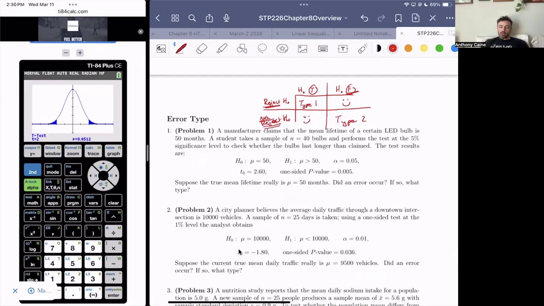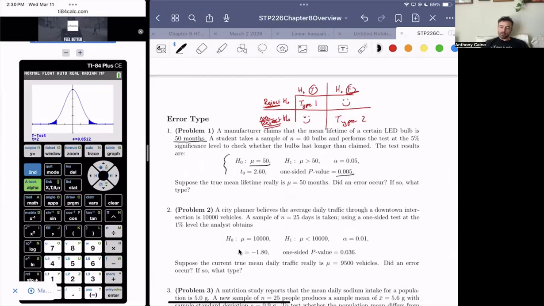Okay, so a manufacturer claims that the mean lifetime of some LED bulb is 50 months. So their claim is this. A student takes a sample of 40 light bulbs and performs a test at the 5% significance level. Fine. The test results are blah. One-sided p-value.